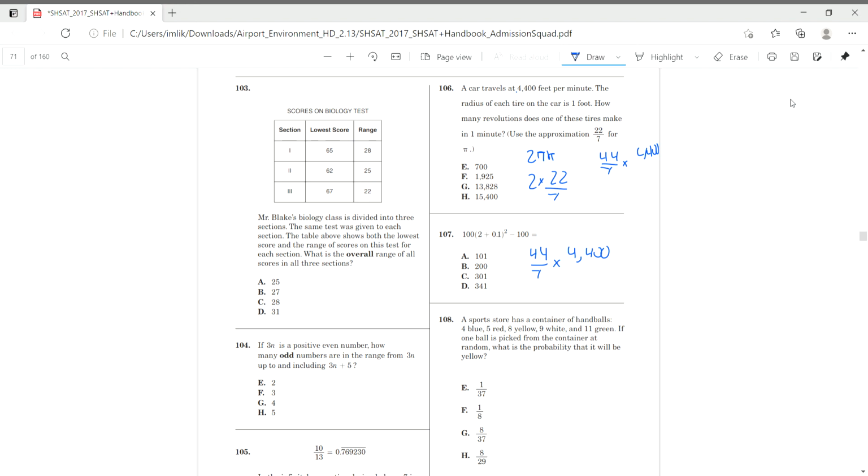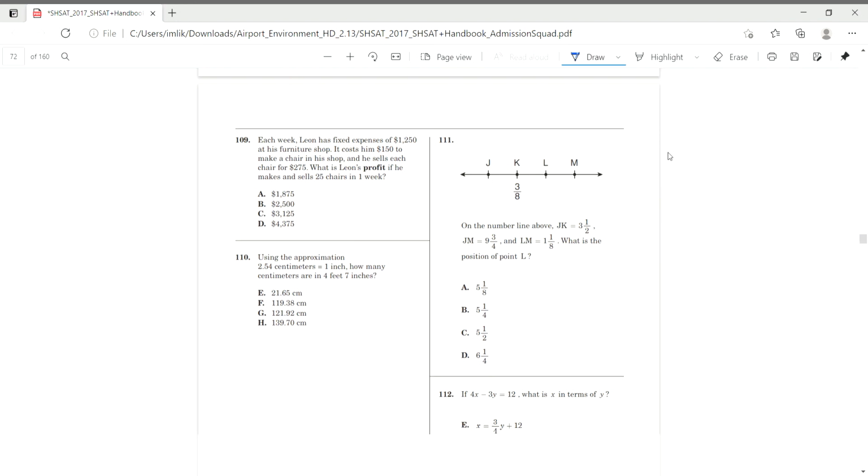So we calculate that out, we get 700. I do this for simplicity's sake so that we don't waste any more time because it's a pretty long video, but you calculate them together and you get that number. Essentially, we found the circumference and then used it with our rate in order to get the revolutions.